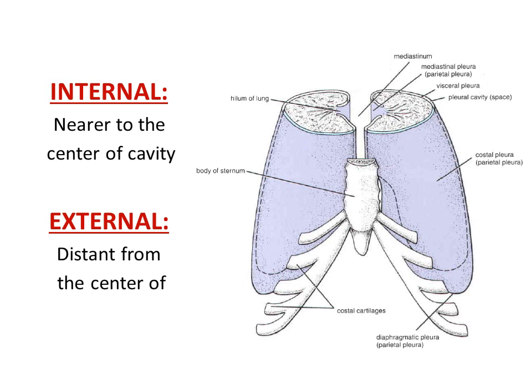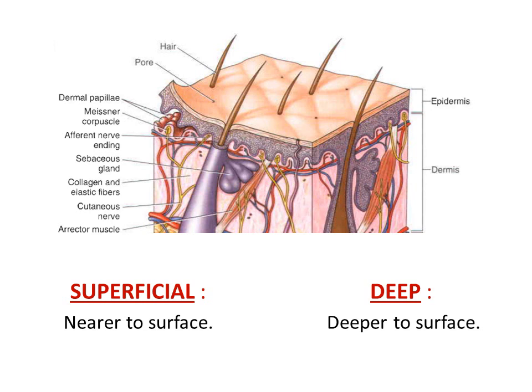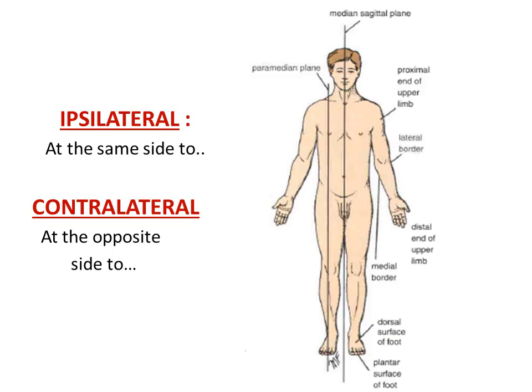When you say the stomach is an internal organ, you can say the stomach is a deep organ. Like this picture of the skin: from the inside it is called deep, from the outside it is called superficial or external.